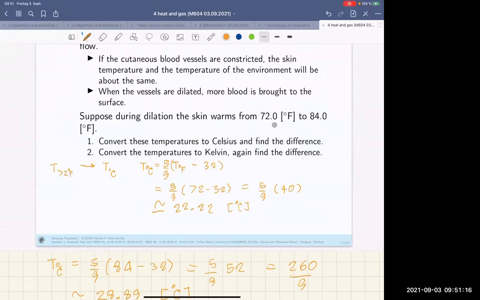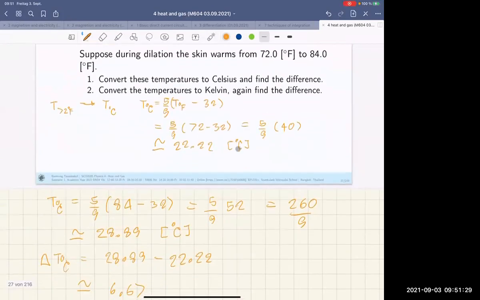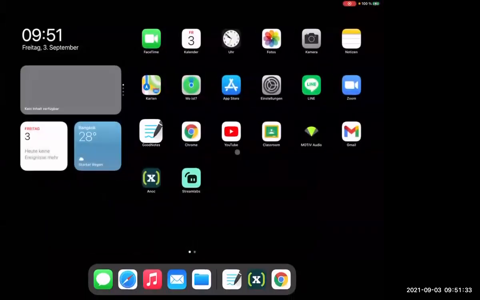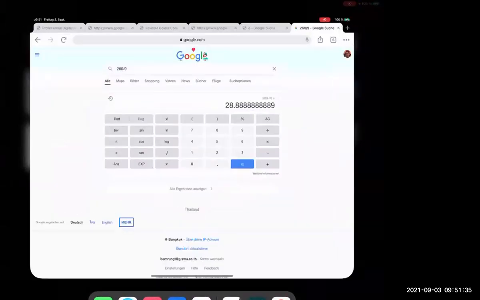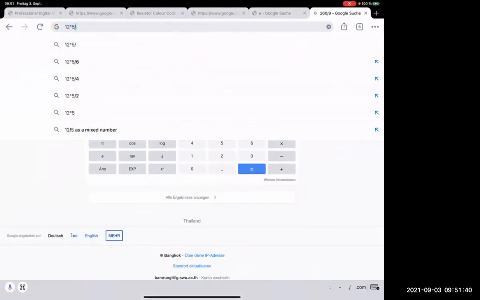Another way is that you can change the difference here. We can see the difference, which is 12, right? 84 minus 72, it's 12, and just use the 12 times 5 by 9.